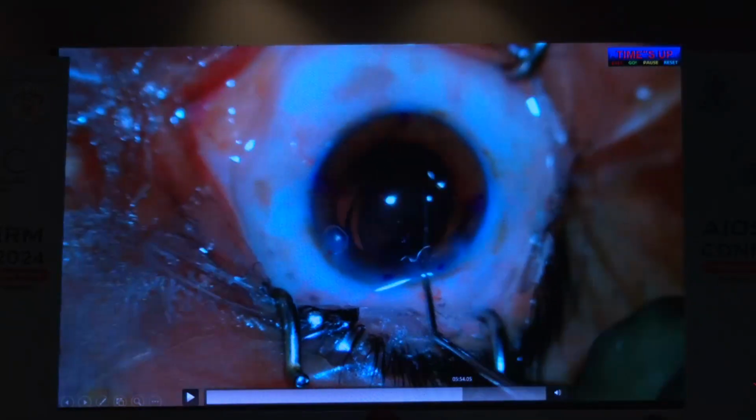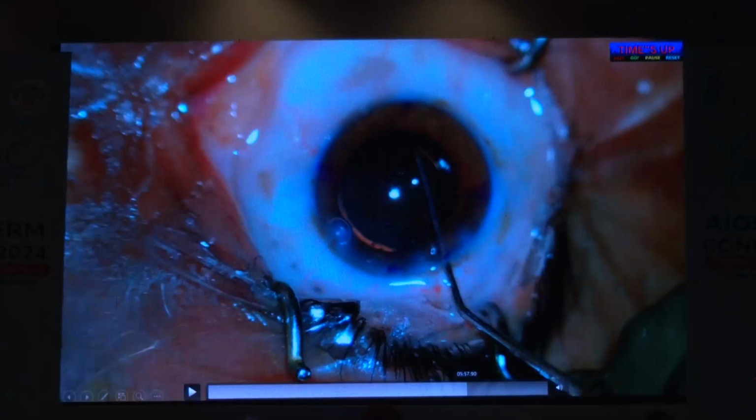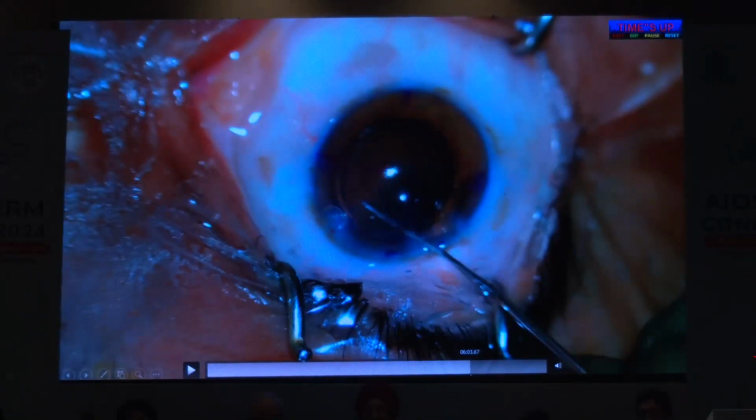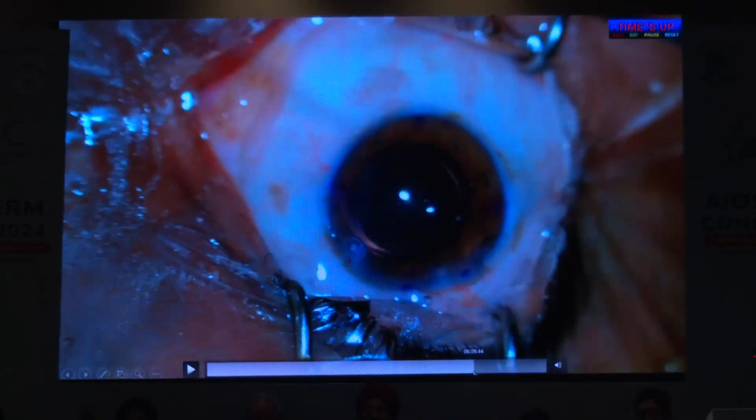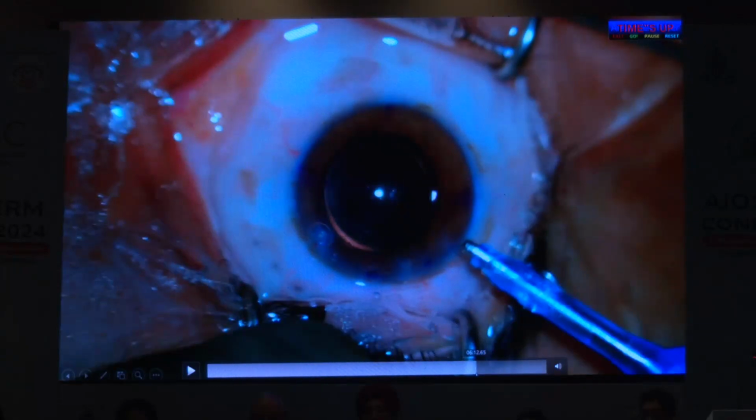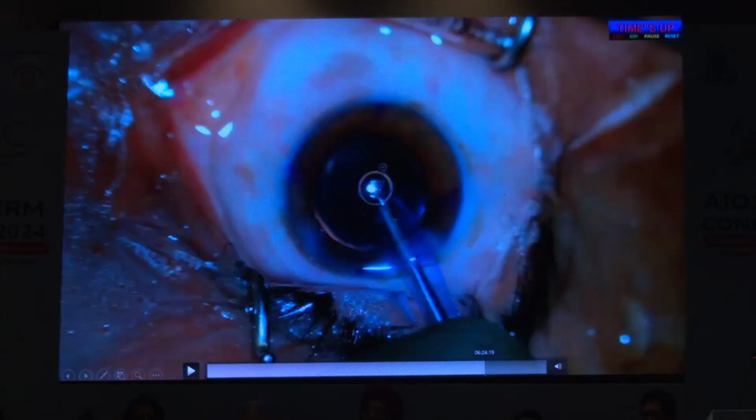And the axis has to be aligned. It's a 5-degree or a 6-degree. Very clear marking of the lens.